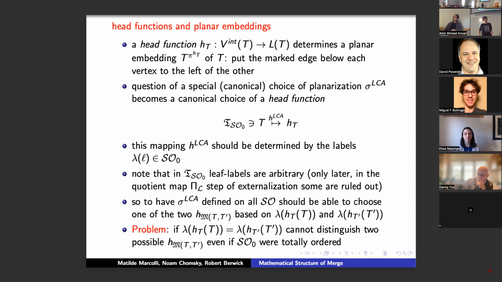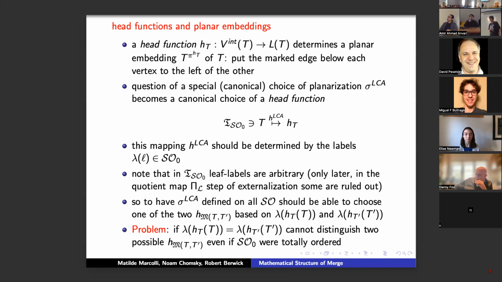The externalization that you want would have to take into account also the parameters of different languages, and the structure, what the position should be with respect to it. So the question is, can you replace the externalization by something like this, and still, by this choice of linearization, get the same output or not? To get the same algebraic properties.